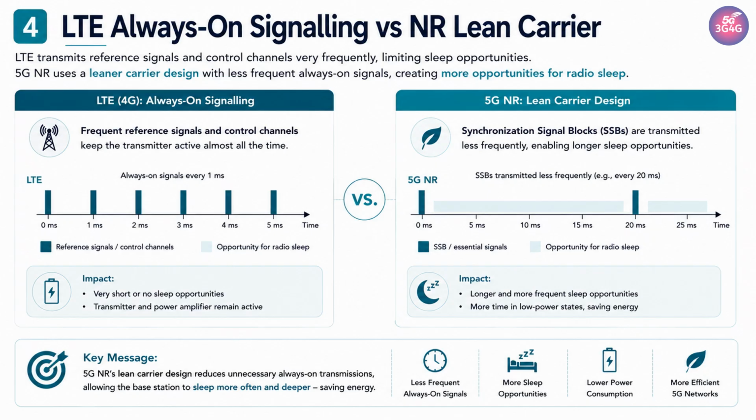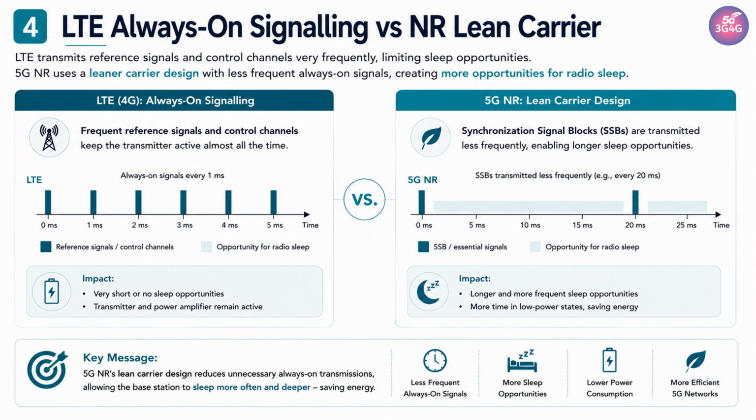NR avoids the LTE style always-on cell-specific reference signal design. Instead, essential signals such as synchronization signal blocks are transmitted less frequently. For example, SSBs may be transmitted periodically, such as every 20 milliseconds, depending on configuration. This creates larger gaps between essential transmissions. Those gaps are very important.